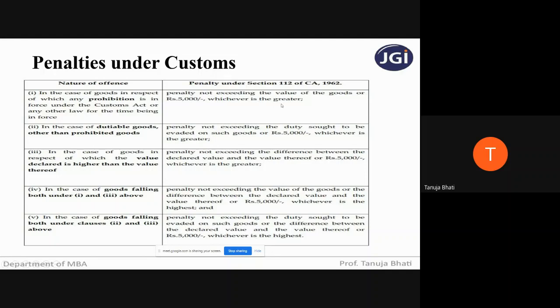Either the value of goods or rupees 5,000, whichever is greater, will be the penalty.